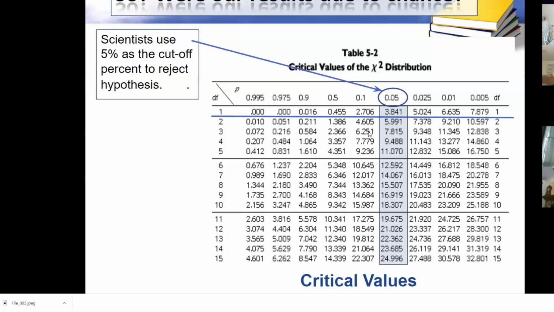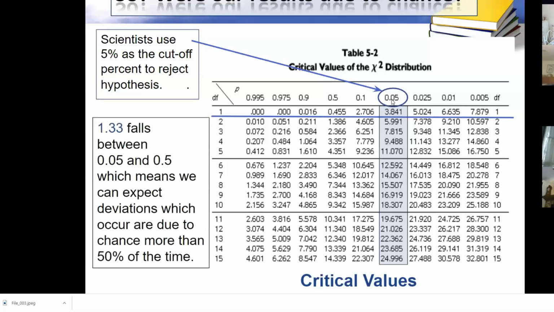If your number is greater than 0.05, this is saying you're only going to expect variations to be 2.5% of the time, 1% of the time, 0.005% of the time. So whatever variations you have are not due to chance.